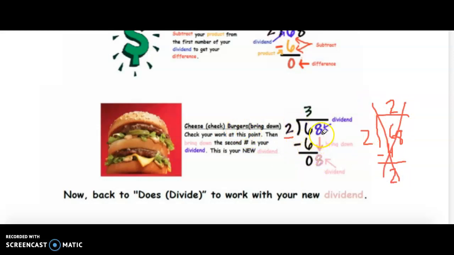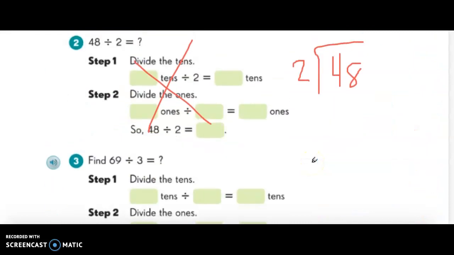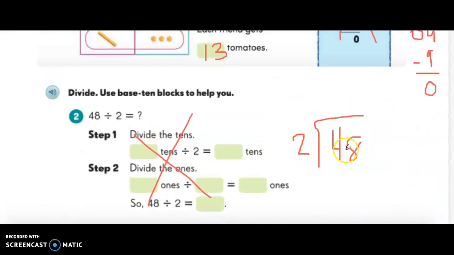Then once you check, you can bring down that next place value, okay? So we will talk about this while we do it. All right, so first thing we're going to do is we're going to divide. 4 divided by 2 is 2. That's our does. Next up is our McDonald's, which is multiply. 2 times 2 gives us 4.